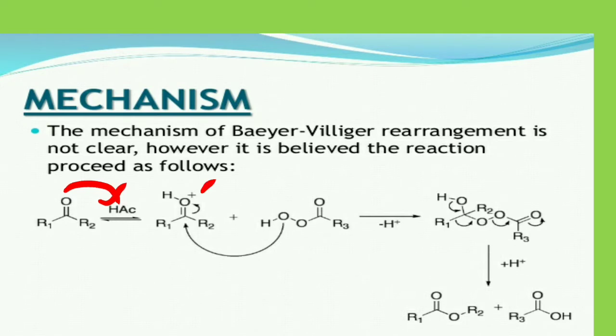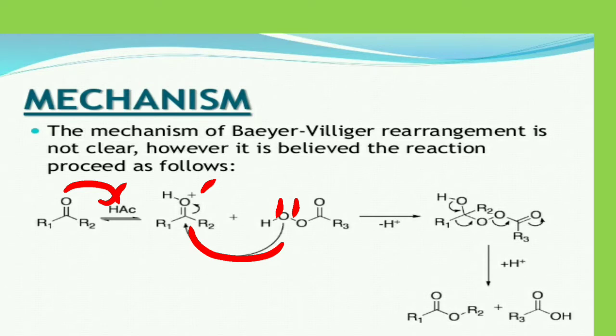Then the peracid reacts with this compound. This oxygen, which has the lone pair, donates an electron to the carbonyl carbon, and there is a formation of a compound like this.